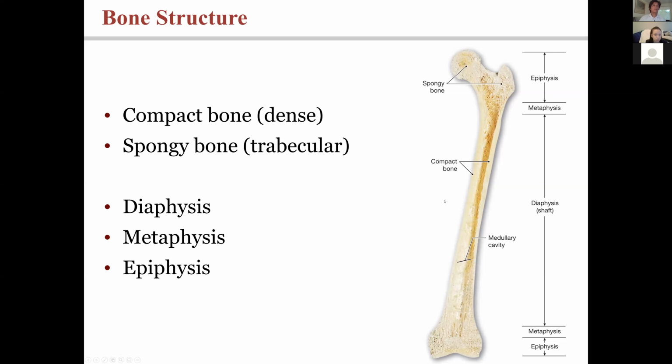If you think about what most of this compact bone is going to do, in this case in the femur, what most of the pressure is going to feel daily is the pressure of gravity in the y-axis, and that is what this compact bone is going to diffuse and buffer.